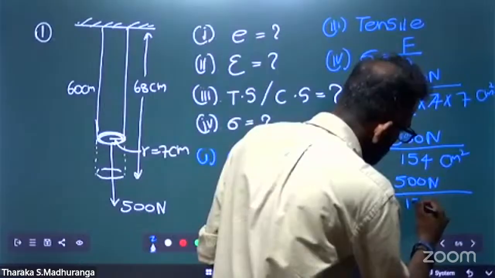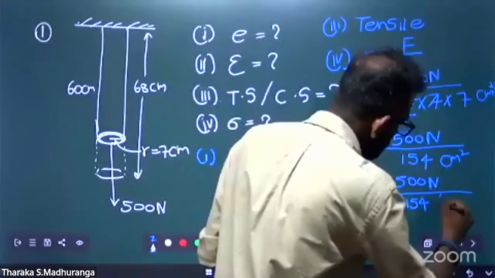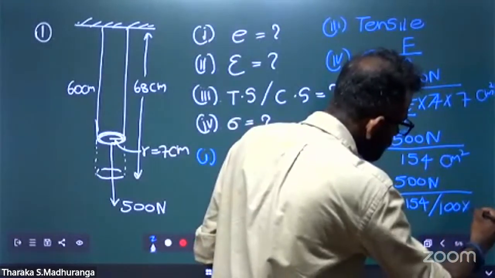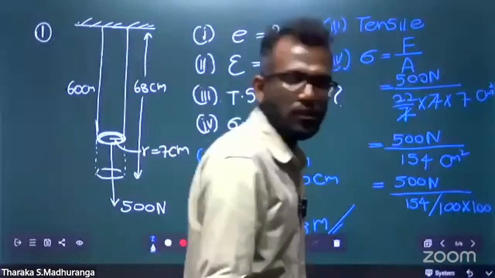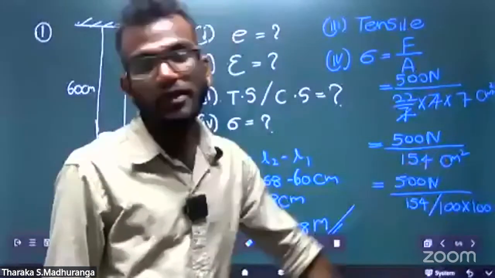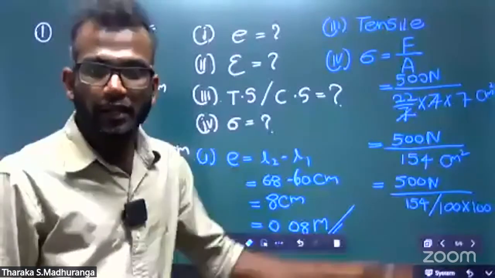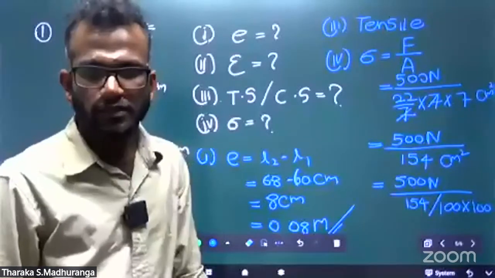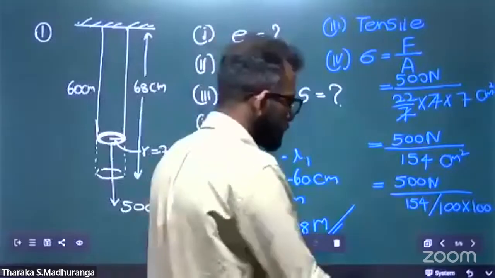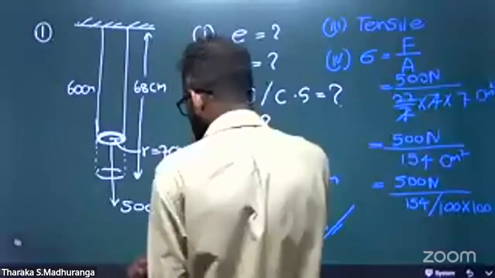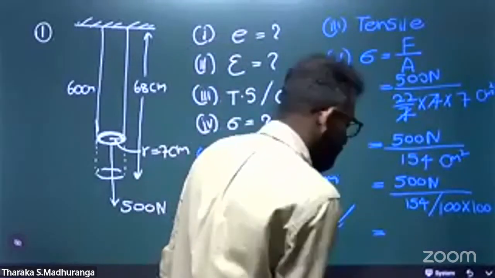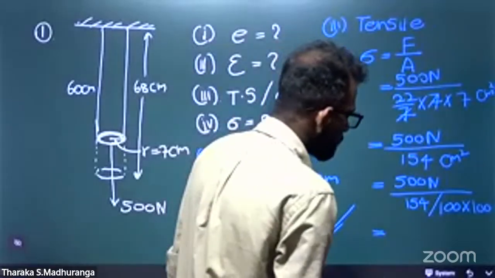Therefore, 154 divided by 100 into 100, that means divide by 10,000. Divide by 10,000 is the answer. I think you can remember this in future calculations; you can get more knowledge.